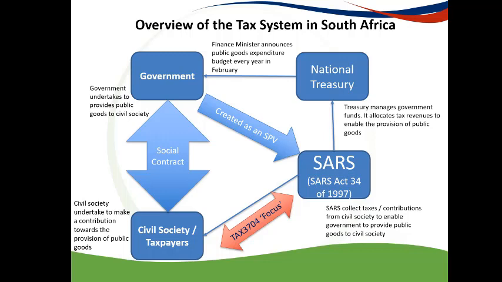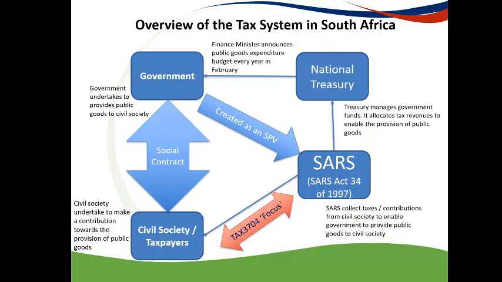In terms of this act, the primary function of the South African Revenue Services is to collect the contributions from the civil society or from the citizens of the country. These contributions are known as taxes. These taxes will go towards enabling the government to provide the goods and services as undertaken to the civil society.